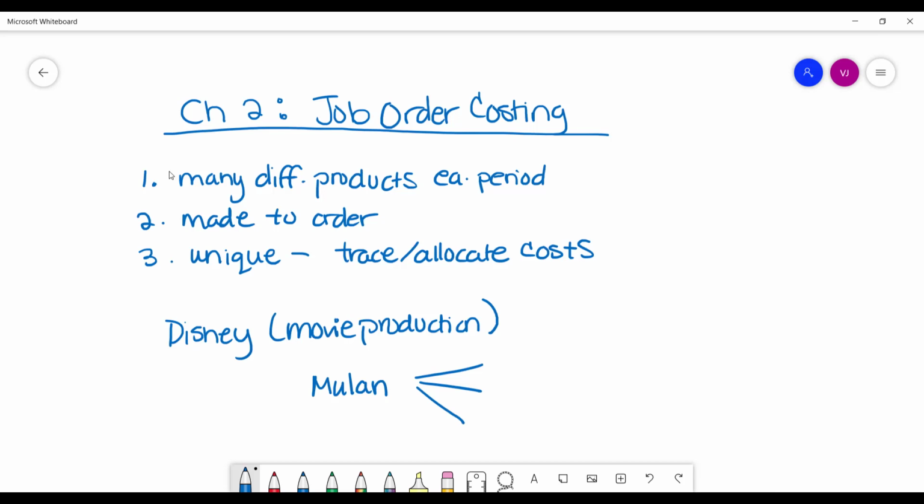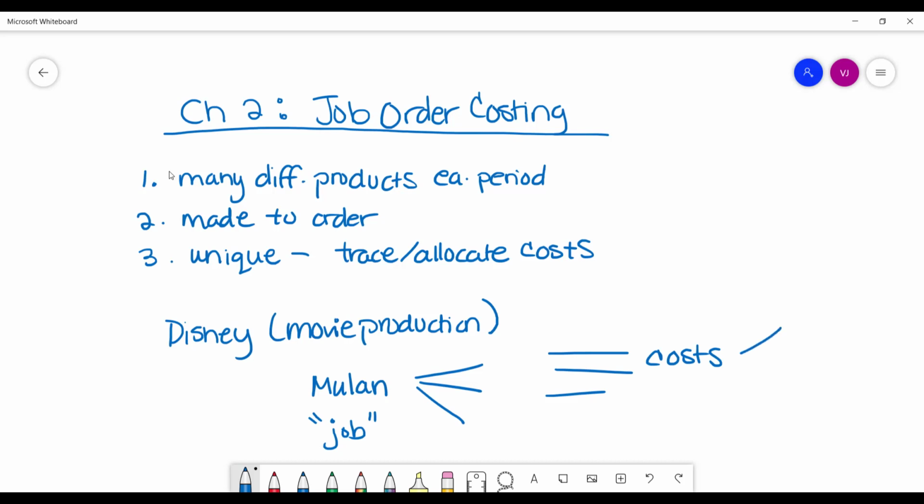This is not something that we can just throw into a bin of other movies, add all the costs of all these movies for the last year into one general bin, and just divide those costs up evenly. That wouldn't be an accurate depiction of what it costs to make this movie. So this Mulan movie would be treated as a job, and we would keep track of all the different costs associated with making it.